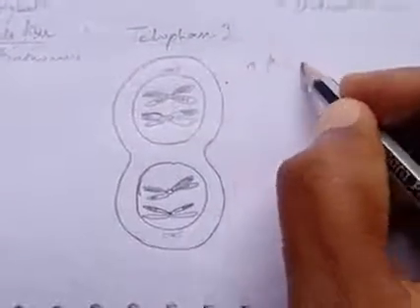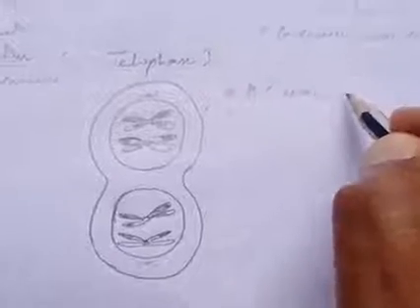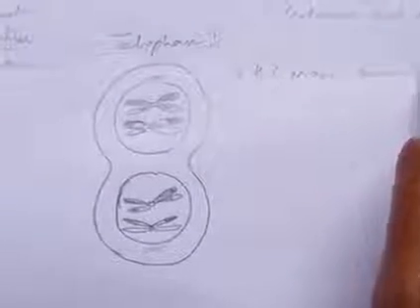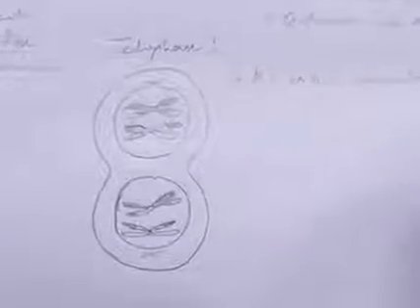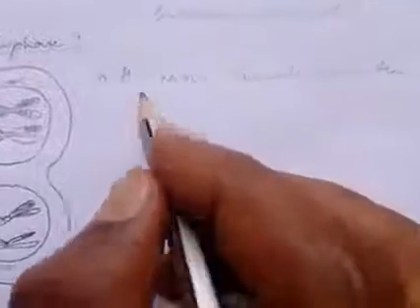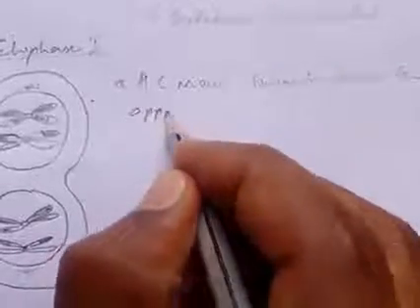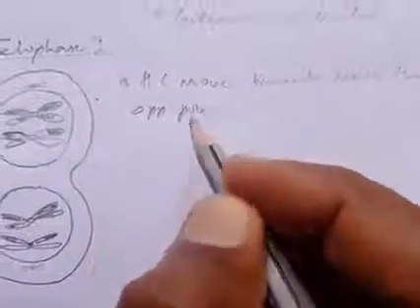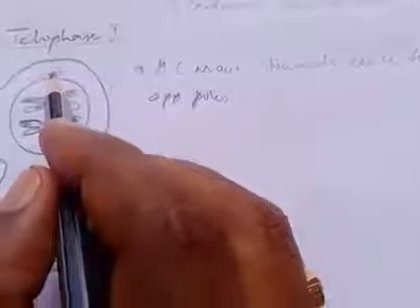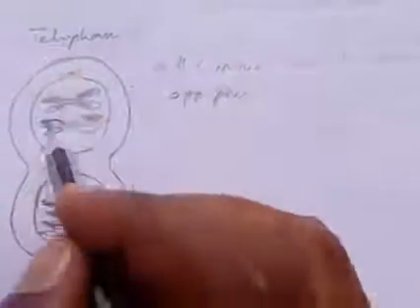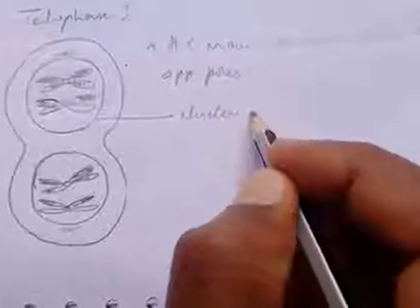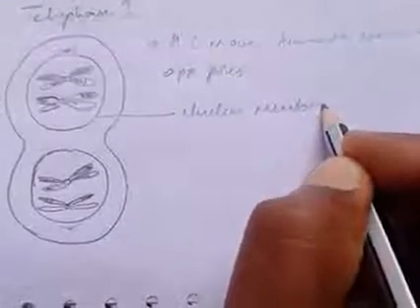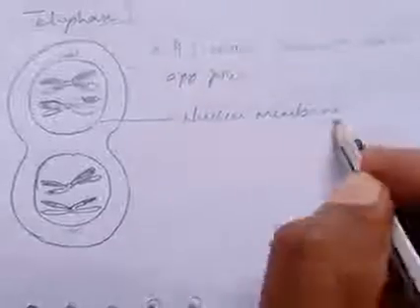Homologous chromosomes move and reach the opposite poles, and the asters disappear, and the nuclear membrane appears here for both sets of chromosomes.